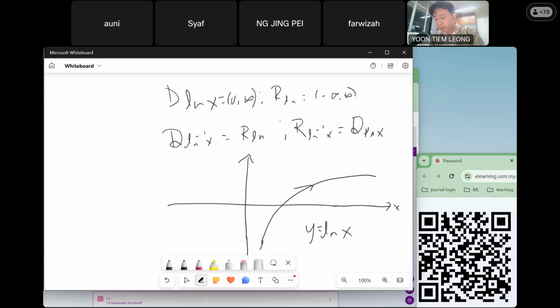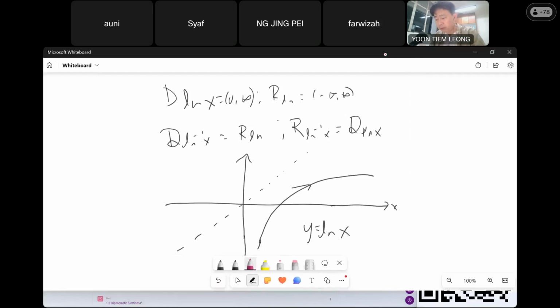Whereas the exponential function, which is described as the inverse of the logarithmic function, can be obtained by reflecting the logarithmic function about the y equals x line.